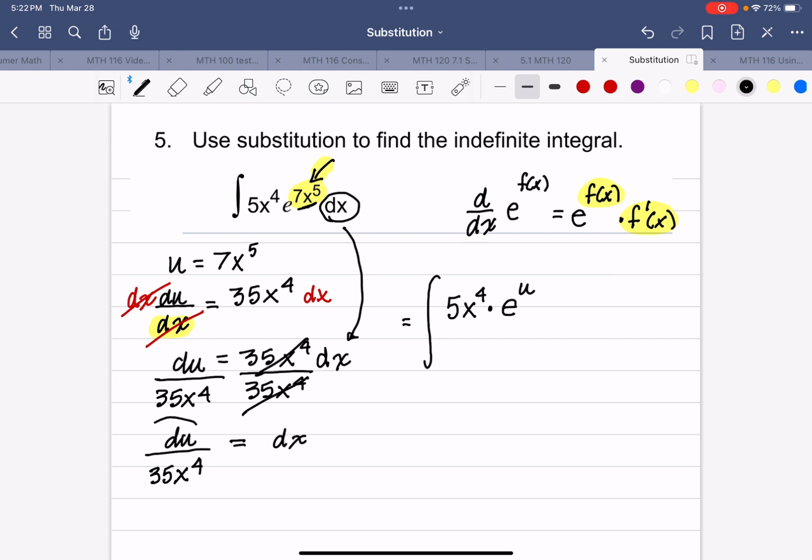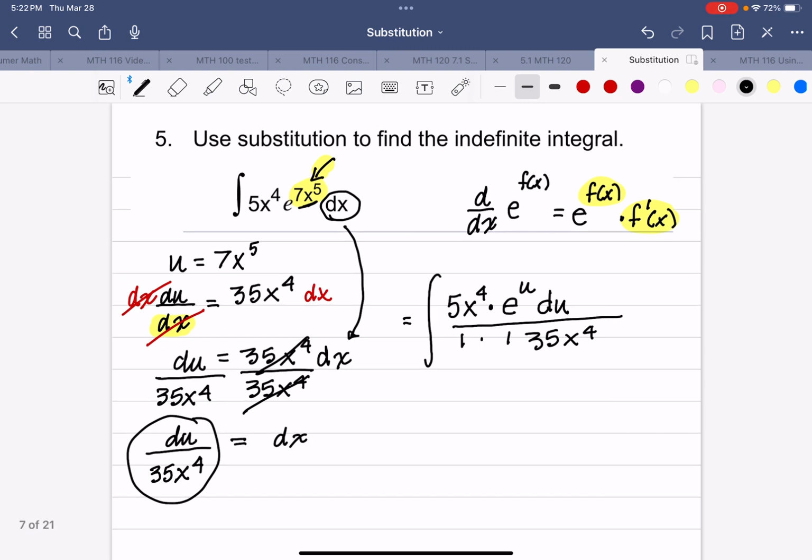And then for dx, I'm going to put du over 35x to the 4th. These both are over 1s, so the du is level with the top of the fraction, and the 35x to the 5th is the bottom of the fraction.